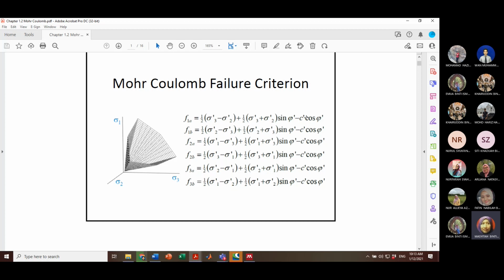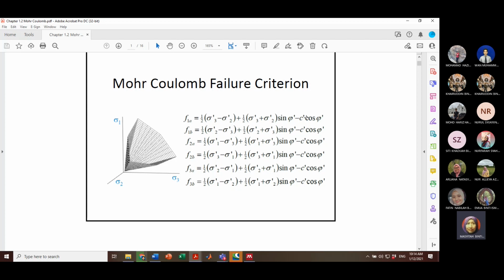You can refresh from our last class before the midterm break, two or three weeks before, on the stress path: how we get the stress line, the failure line, and how it correlates the shear strength parameters to the stress path parameters a and b.